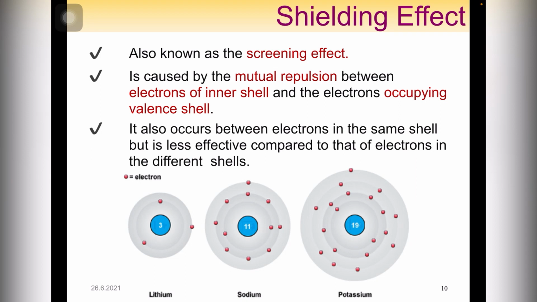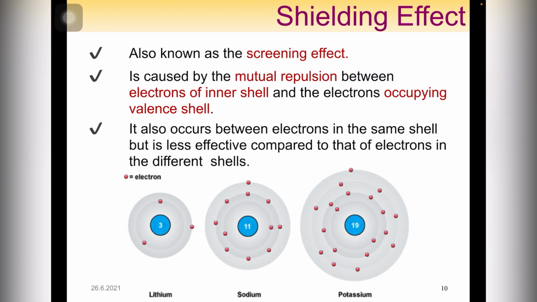The difference between these three atoms is the shell. Lithium only has 2 shells. Sodium has 3 shells because it is located in period 3. And potassium has more shells compared to lithium and sodium.